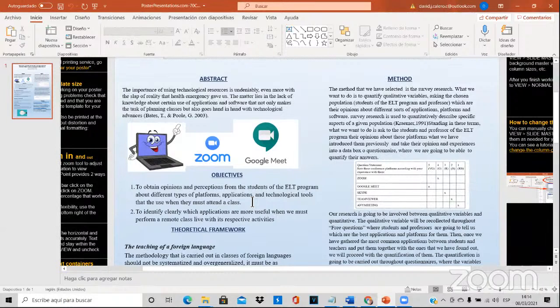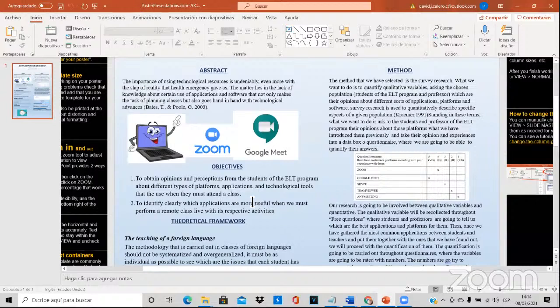Okay, hello. The method that we have selected is survey research. And here what we want is to collect their opinions, experiences, and a kind of rating of different applications, tools, and technological tools.